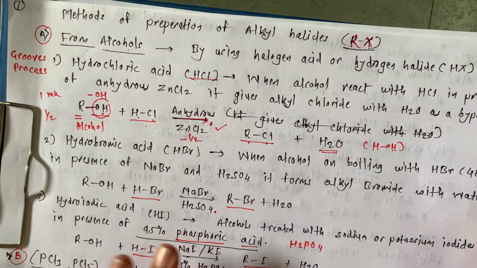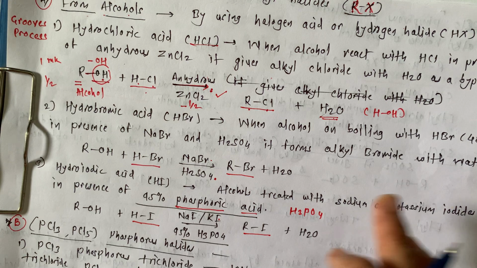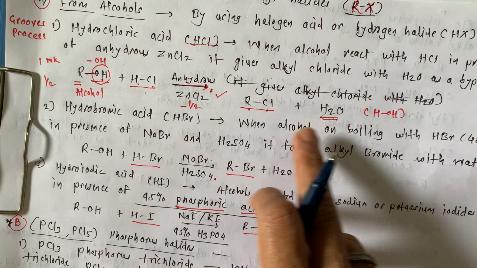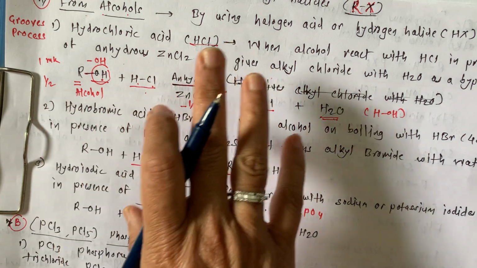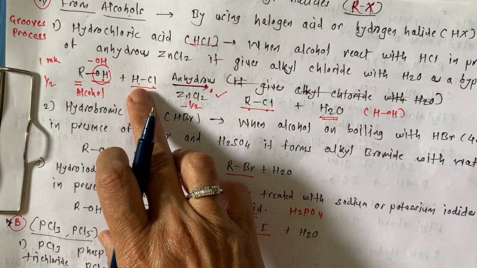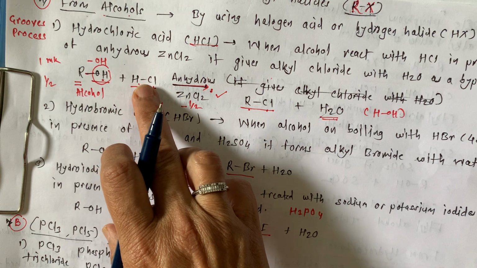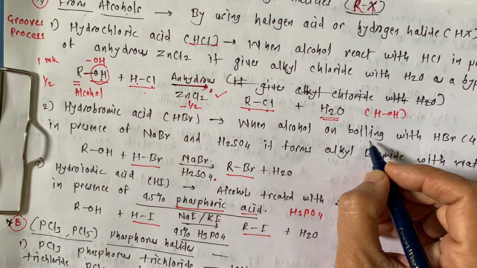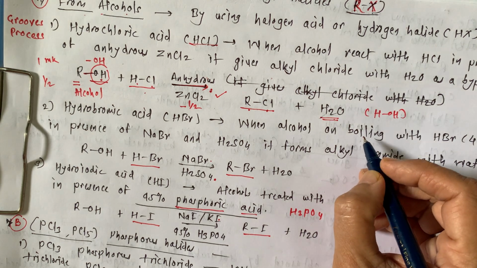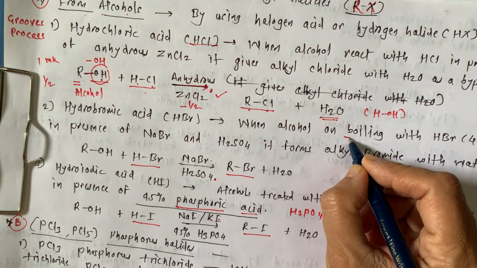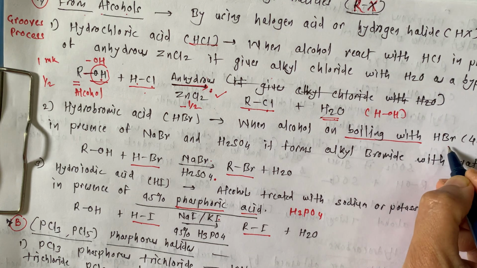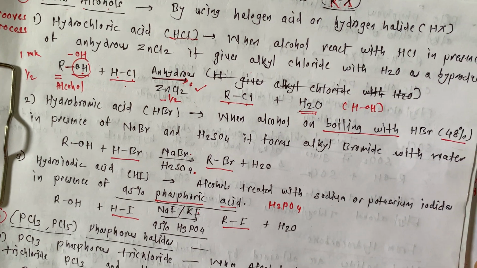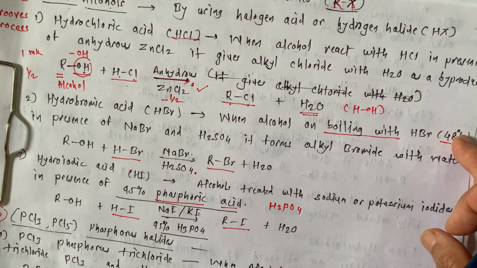Then next one is hydrobromic acid. Here, alcohol is heated on boiling; this is an important word. With hydrochloric acid it is not necessary to give any heat, since it is highly reactive, so we don't need heat there. But in preparing alkyl bromide, we have to boil with 48% HBr. 48% means the remaining part is water.